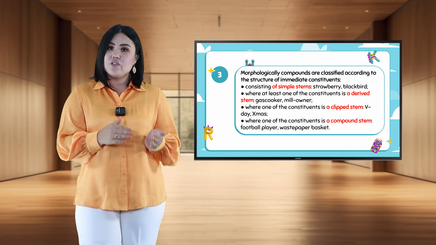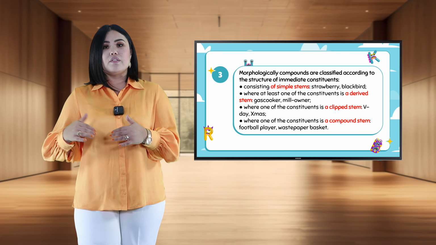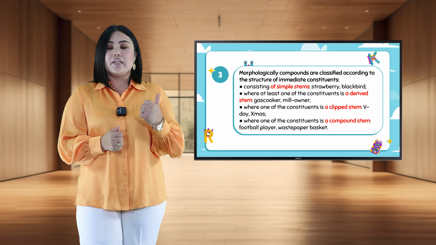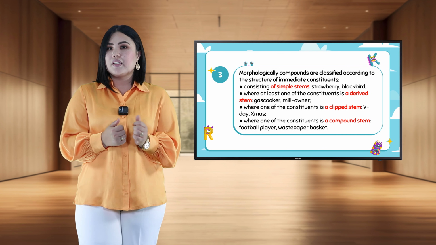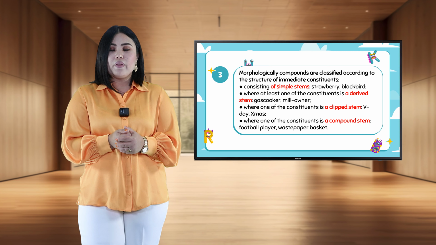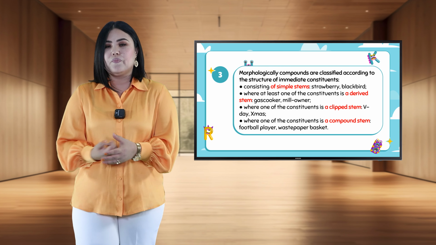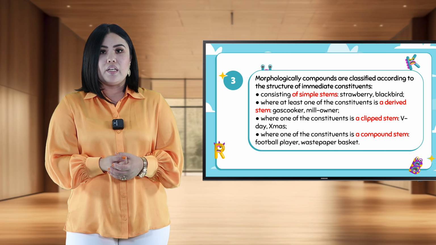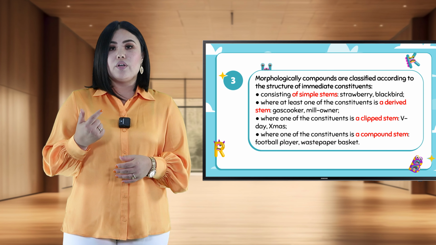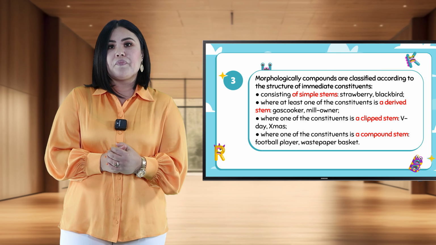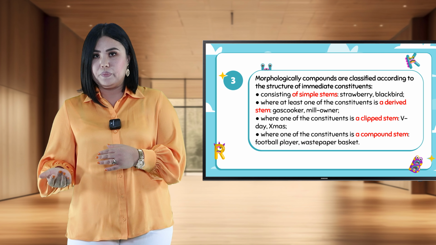According to the structure, compound nouns are divided into four groups: simple compound nouns, derived compound nouns, complex compound nouns, and compound shortened words. Simple consists of two stems. For instance, ice cream, tip-top.